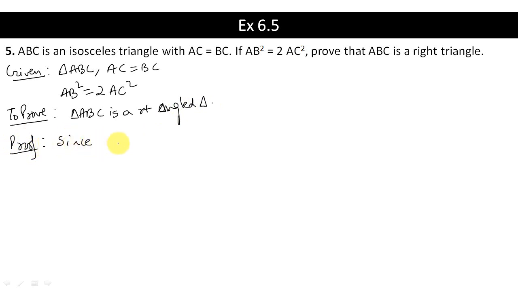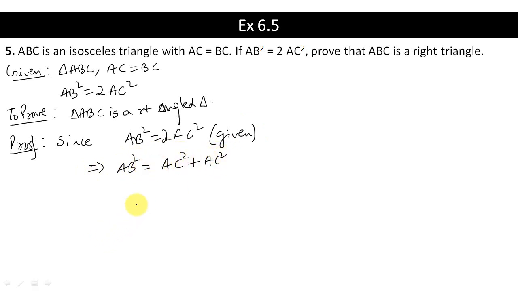Proof. Since we are given that AB square is equal to twice AC square, I can break this twice AC square as AC square plus AC square. Also it is given that AC is equal to BC.